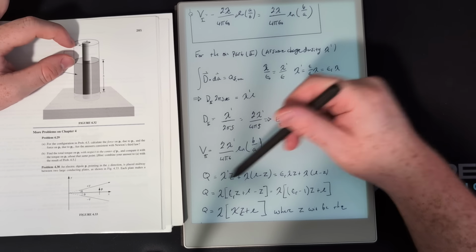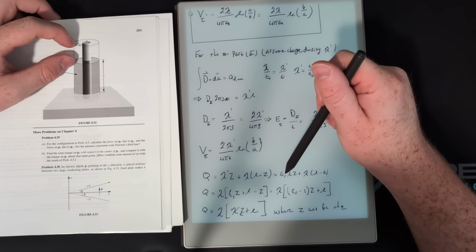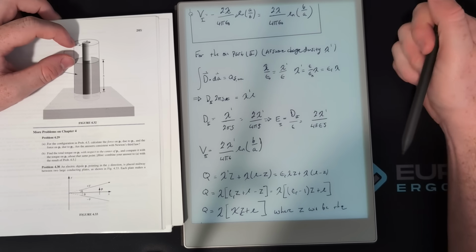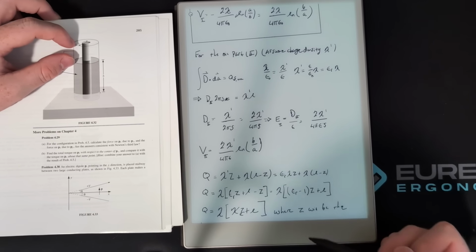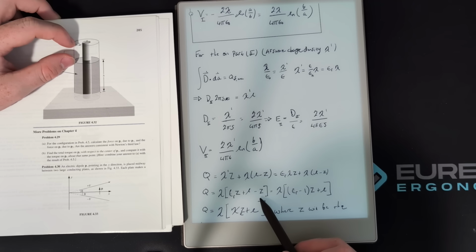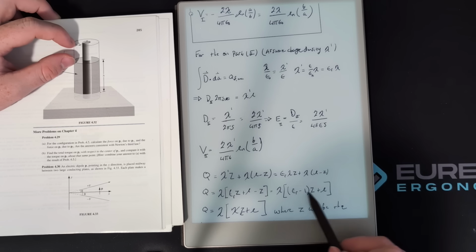And then we can rewrite lambda prime using a relation from above. So we get epsilon r lambda Z plus lambda times L minus Z. And here we're just going to do some algebra. So we factor out lambda. We get lambda times epsilon r Z plus L minus Z. We factor out Z in the inner portion.